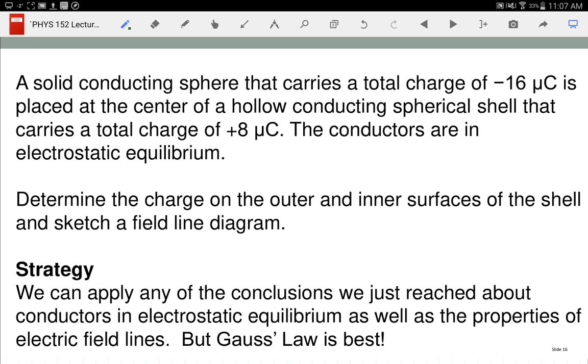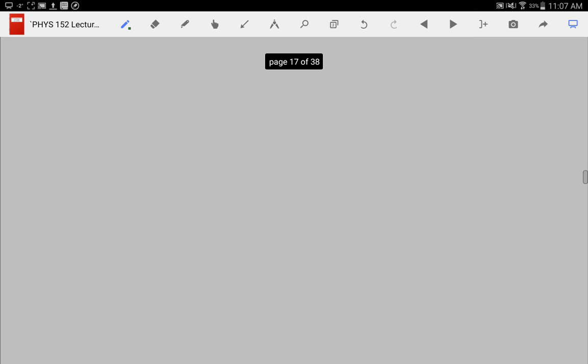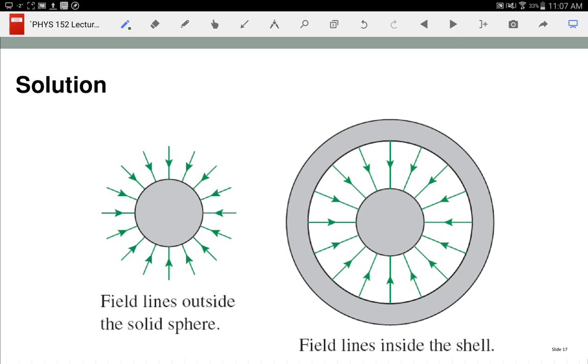Because of time, I'm going to skip past this. I want to just look at the picture and talk about what we can determine from this instead of going through the whole problem. So if I have a situation where I have one charge inside another, where would you see something like this?